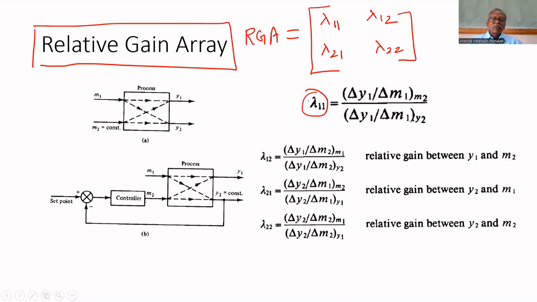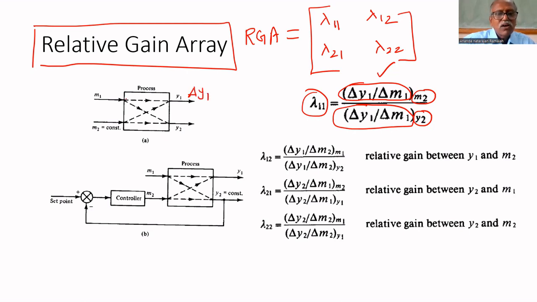Lambda 11 is the ratio of change in y1 with respect to change in m1 while keeping m2 constant, upon change in y1 with respect to change in m1 by keeping y2 constant. How to find this? The numerator can be found in open loop. What is the numerator?